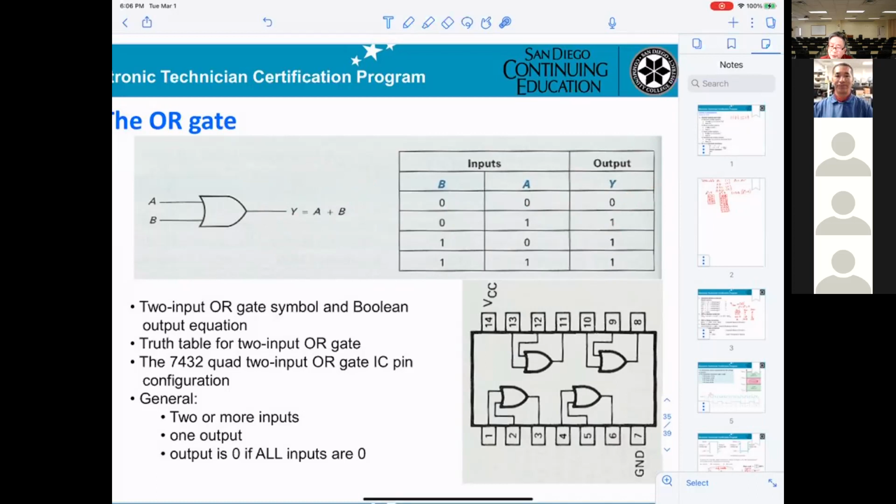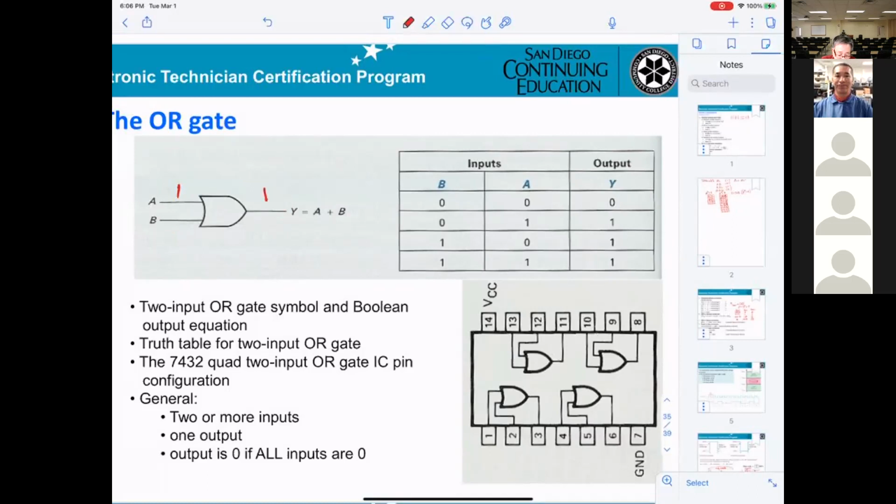And what they say here is the output of the OR gate is 0 if all the inputs are 0. That means if you get a 0 on A and 0 on B, then you get 0 out. However, if you get a 1 here, then the output must be 1. Why?